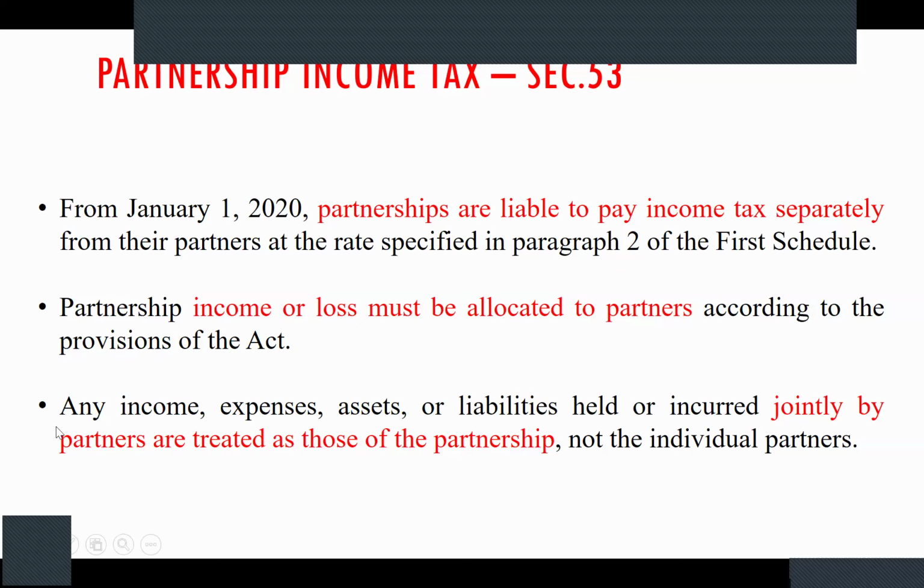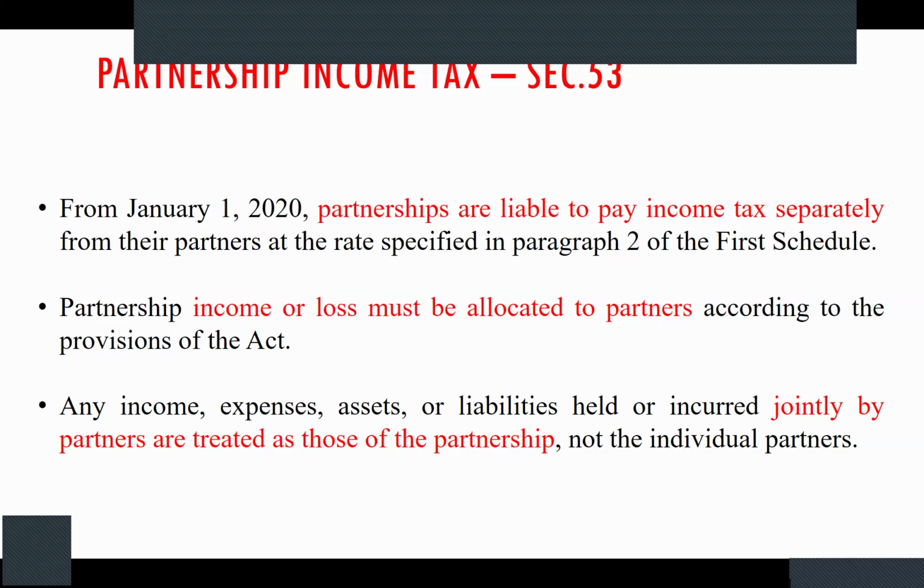When we are calculating partnership income or loss, it must be allocated to partners according to the provisions of the Act. That means after calculating the assessable income of that partnership, even though we are calculating the partnership's tax liability, we have to allocate to partners not the taxable income but the assessable income.